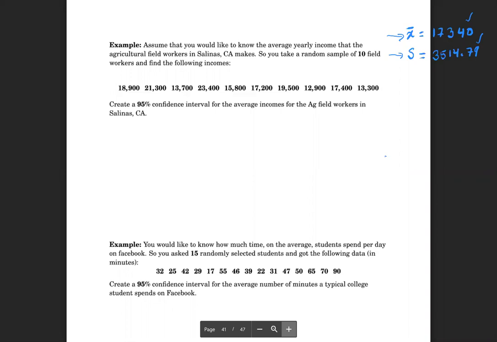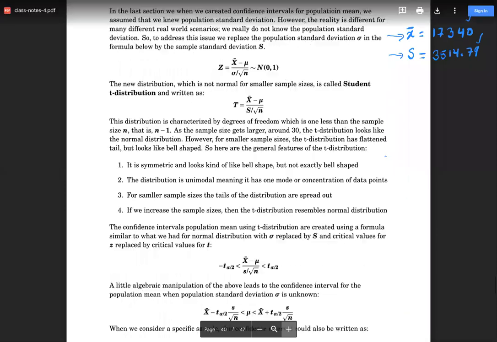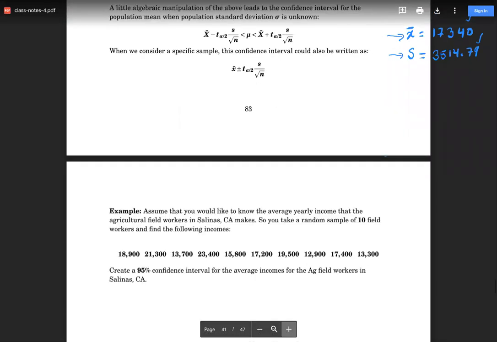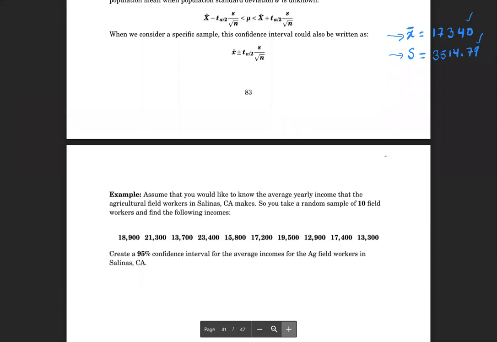Now, let's go ahead and work on it. Now, let me go back, and there it is. There's the formula that we need.